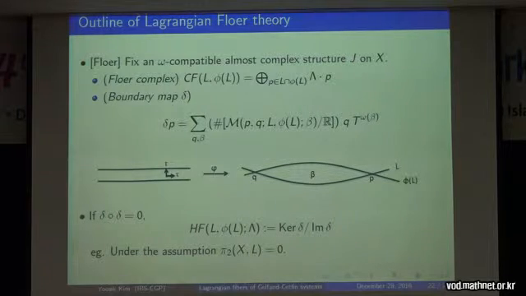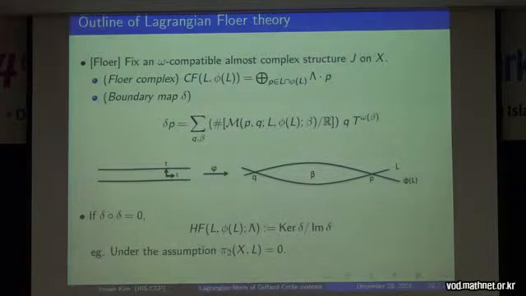So let's give one slide for the idea of the Lagrangian Floer theory. To prove the Arnold conjecture, Floer constructed the Floer complex. We think about the Floer complex, a chain complex generated by the intersection points of the Lagrangian L and its Hamiltonian perturbation.